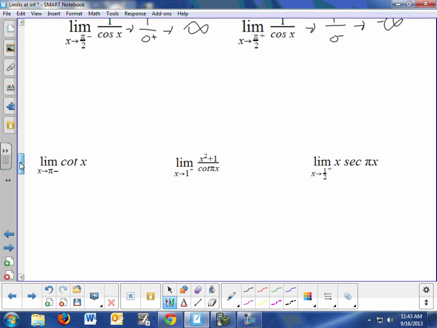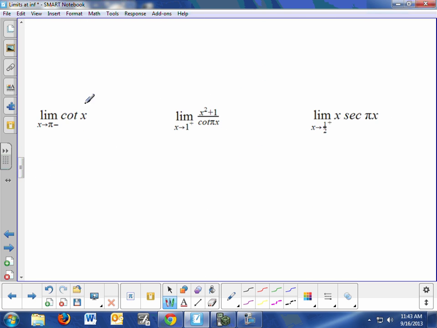Okay. Try cotangent. First, you got to figure out what the cotangent is, right?